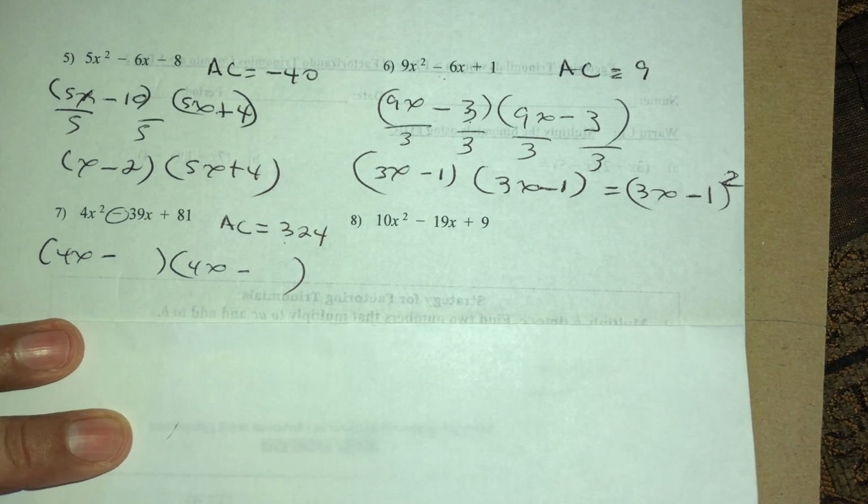And 36 times, hold on a second guys, I'm a little confused here. So 36 times 9, okay, so 36 and 9 will give me 45.